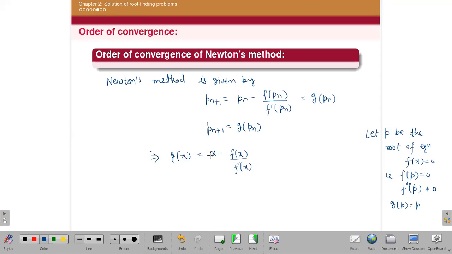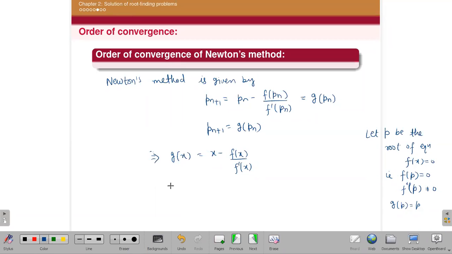This is 0 and you will get p only. Now can you check the order of convergence from this g of x? If I find its first derivative and put x is equal to p, then if it is non-zero, it will give you linear convergence. If it is equal to 0, then it will give you quadratic convergence. So then you can decide the order of convergence of Newton's method.